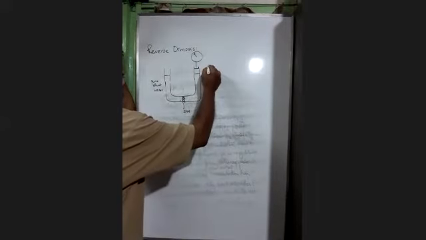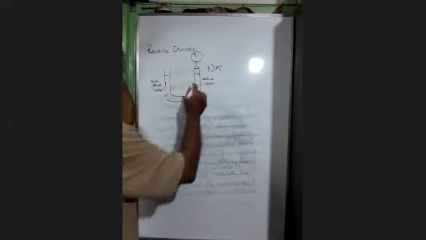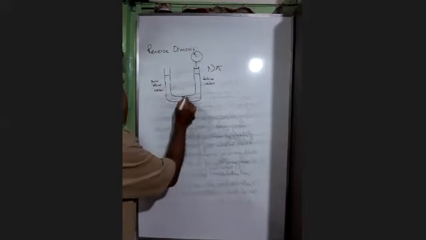Now, if you apply more pressure, if P is more than pi, the osmotic pressure, then the solvent from the solution side will move towards the pure solvent. So this is called reverse osmosis.